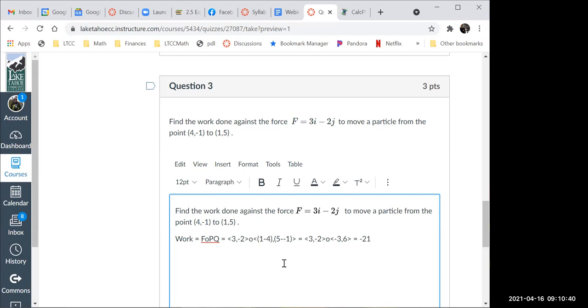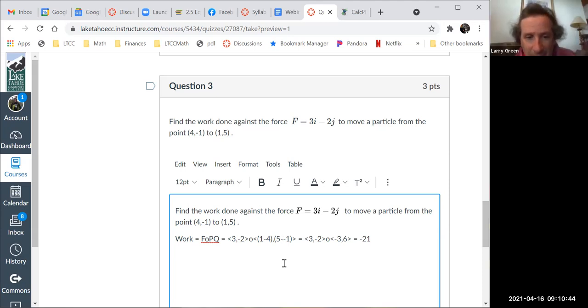And can work be negative? Yes. If work is negative, that means it's actually hard to do it. You're not being helped by the force field. Does that make sense? Imagine taking a bike ride along Emerald Bay, which I might be doing today, and there is wind coming against you, then you have negative work.